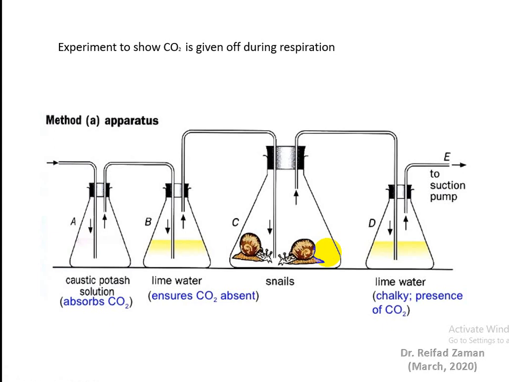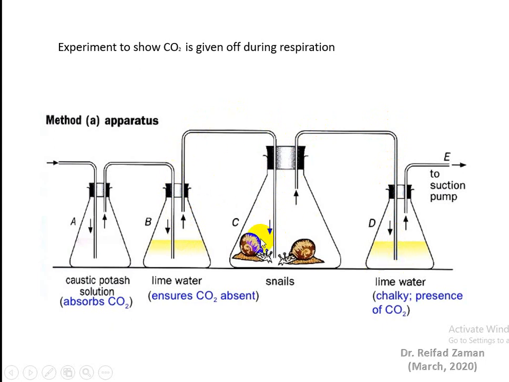Another thing about this experiment is that look at the orientation of the pipes. If you look at this pipe, you see its beginning is above the level of lime water, and this pipe is dipped in the lime water.